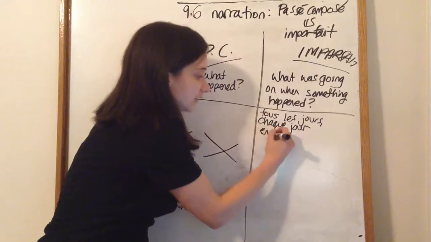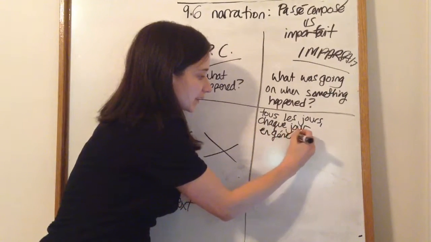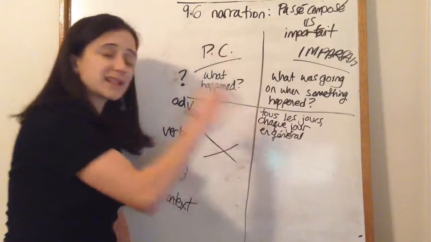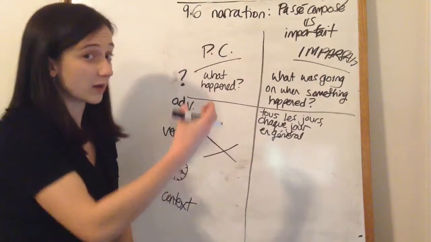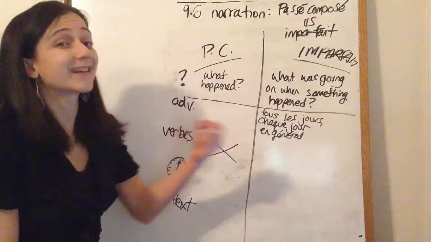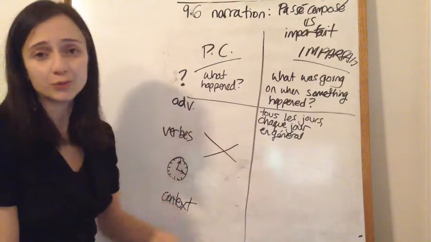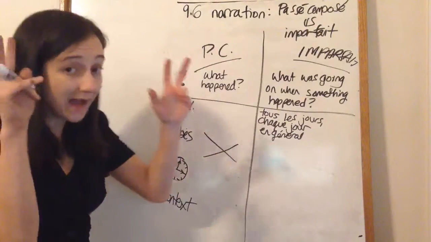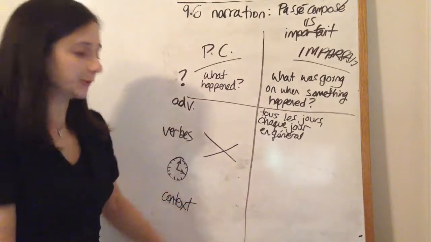En général, okay, because that is something that would be describing probably a habit. Généralement, generally, d'habitude, okay, usually, of habit. The word habit is in d'habitude.